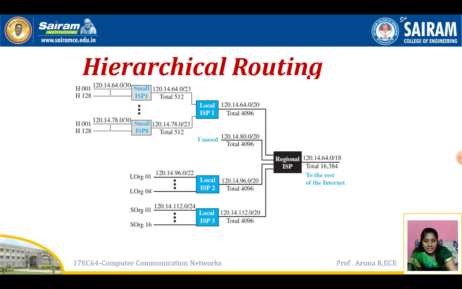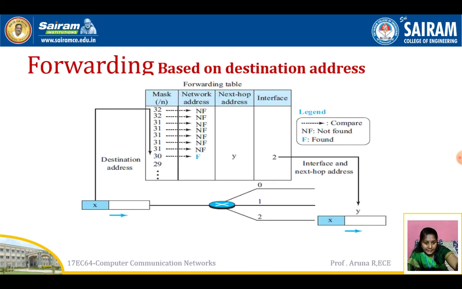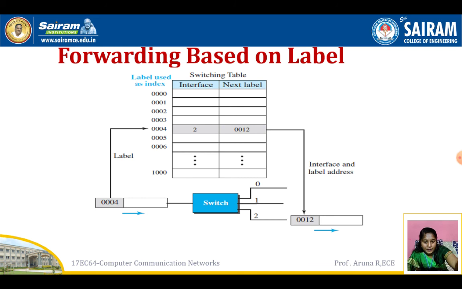This is hierarchical routing: every address in the network has a hierarchy, and from top to bottom it follows all the hierarchies. When it goes out of the network, a regional ISP is given the translated address. Forwarding is based on the destination addresses, so the route it has to follow is decided by the network address translation table.